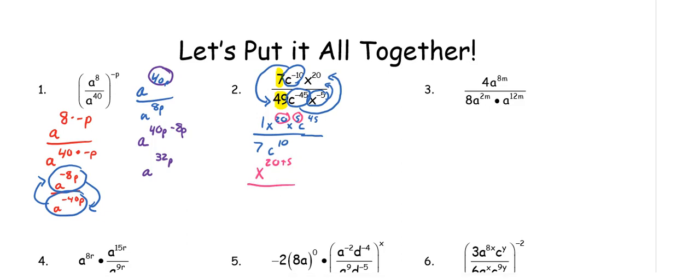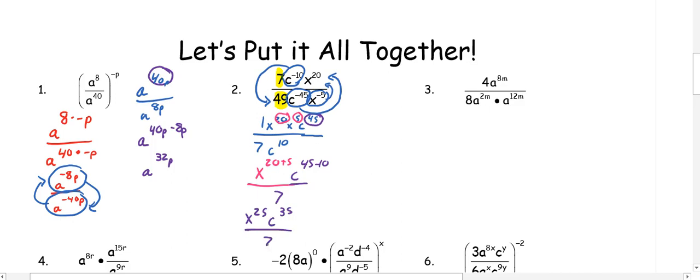Meanwhile, we have c in different spots, so we're going to subtract those exponents, and we have c to the 45 minus 10. It ends up in the numerator because it is positive and a larger number there. And then remember that our 7 still goes in the denominator. So when we simplify this, we get x to the 25th, c to the 35th, all over 7.